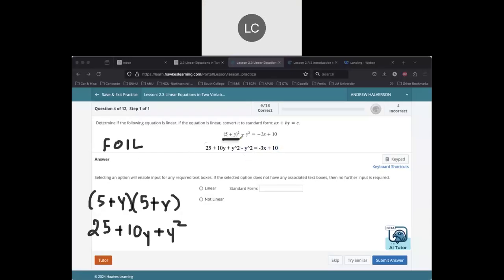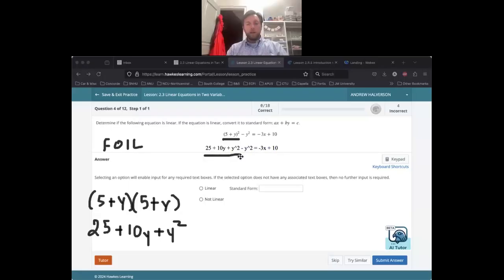So this thing here becomes this part right here. So we got rid of the parentheses. Now, if we notice here, those y's are going to go away. Y squared minus y squared, the y squares go away.